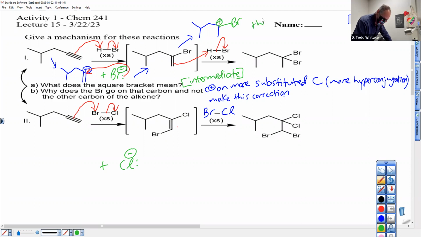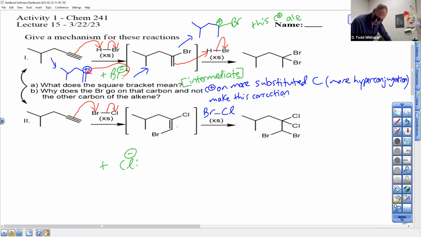This C plus, also with an H on the end, interesting, it's a silent H, can also resonate with a Br lone pair. Here's a Br lone pair.